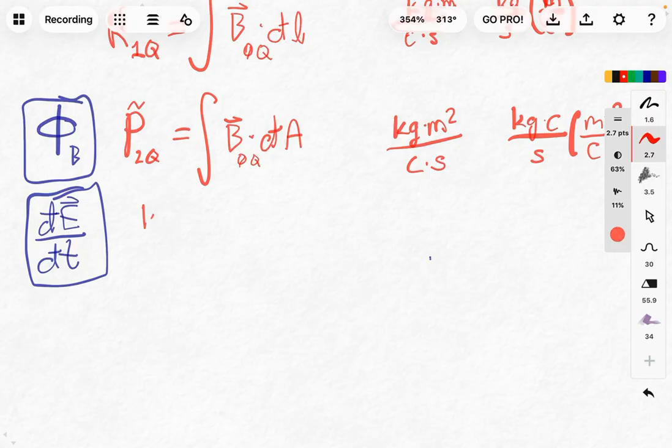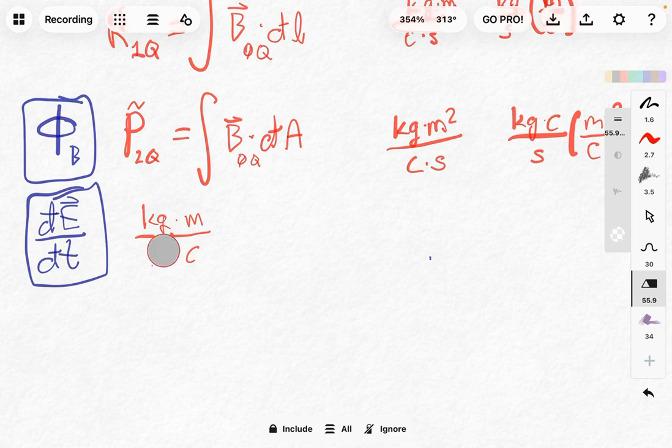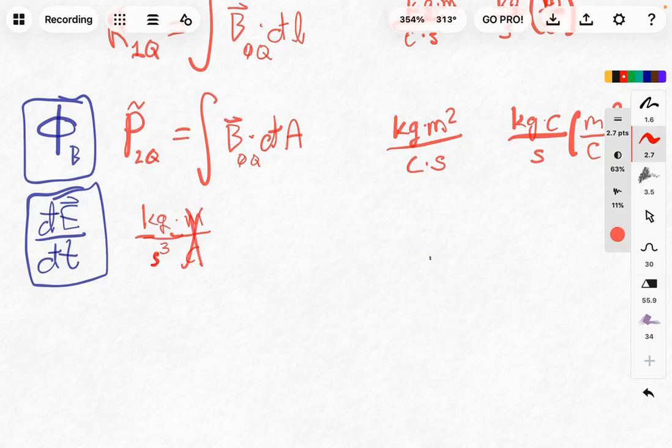These units will be kilograms per second squared times meters per coulomb, and this becomes seconds cubed per coulomb. Replacing coulombs with meters, that goes away, and we're left with what I would consider a jerk of mass.